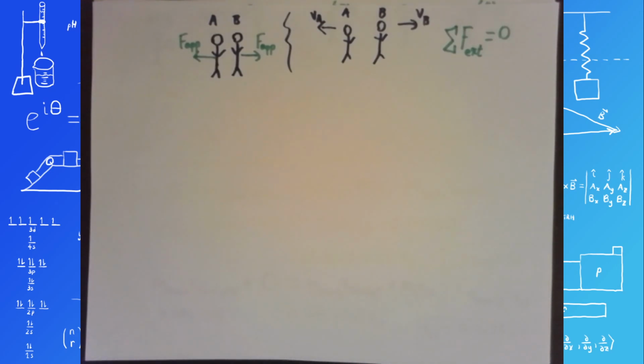And over here, if we consider our system to be these two skaters, then the only forces acting on them, at least in the horizontal direction, are the forces that they exert on each other. So yes, momentum is conserved.